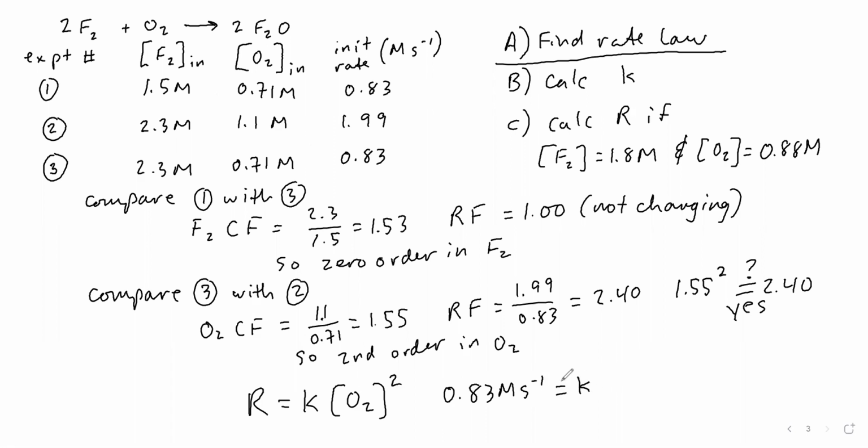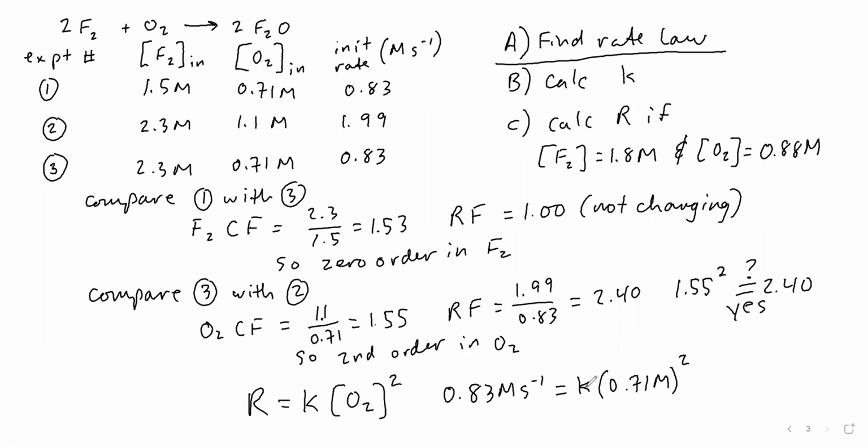And my oxygen concentration from row 1 is 0.71. And it gets squared.